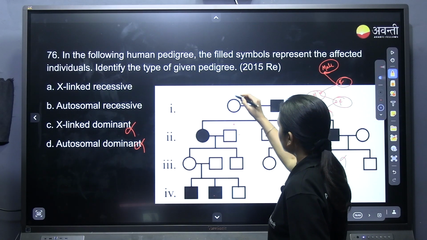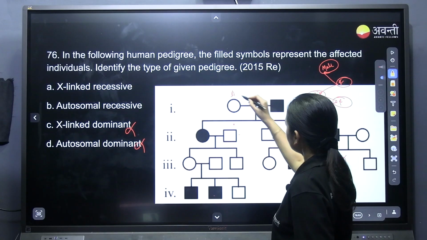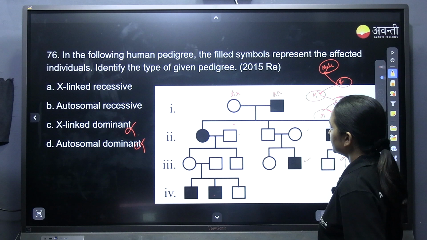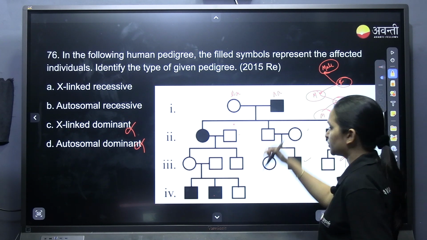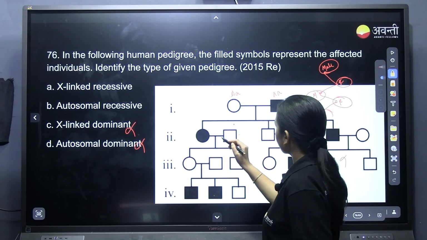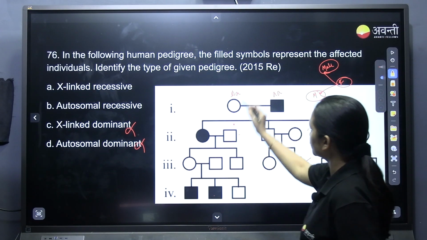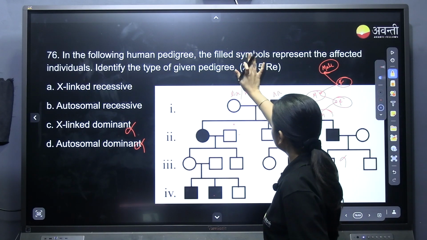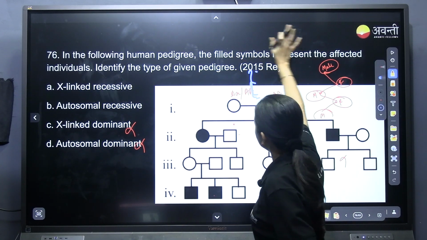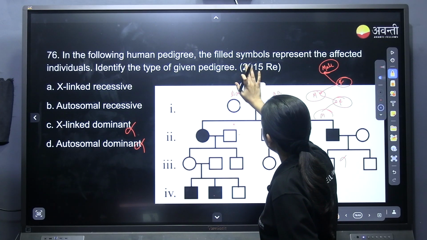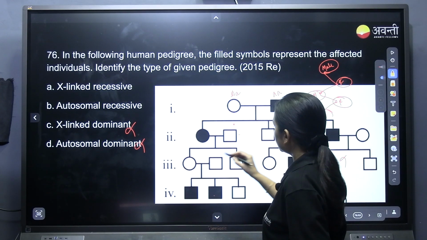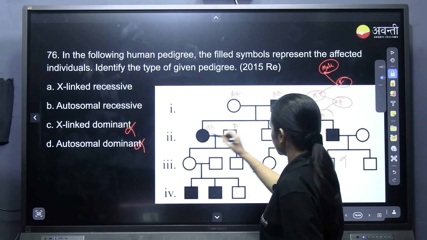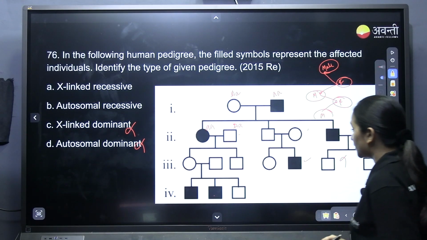We'll see. She is normal, so she can be the carrier. So he is definitely the diseased one, so recessive one. So from here, if you see these both are affected, so she cannot be this allele. Understanding? So which means nobody would have been affected. Okay, if you see, you can say capital A, small a, capital A, capital A, small a.